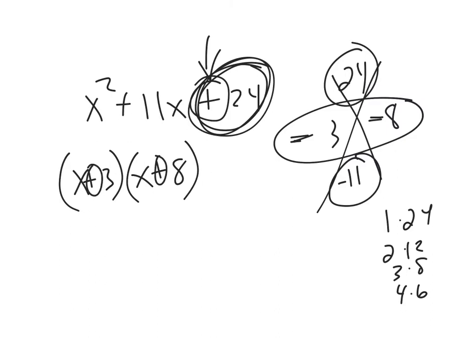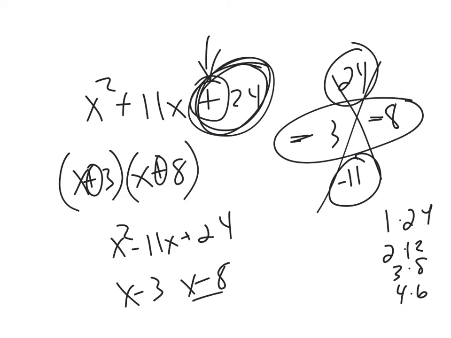So if we had x squared minus 11x plus 24, they would be the same, x minus 3 and x minus 8. The minus signs in the parentheses are what I'm talking about is the same. Not the same as this guy, the same as each other. So that's a little trick there.